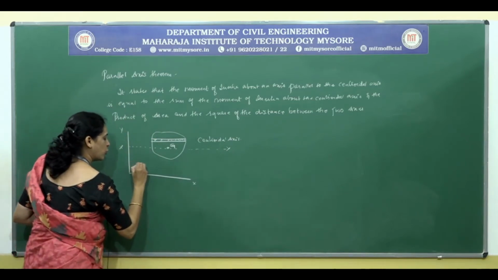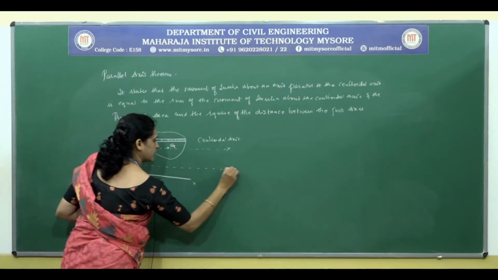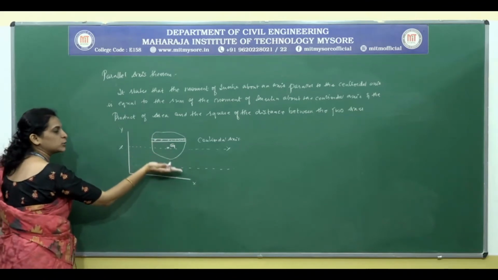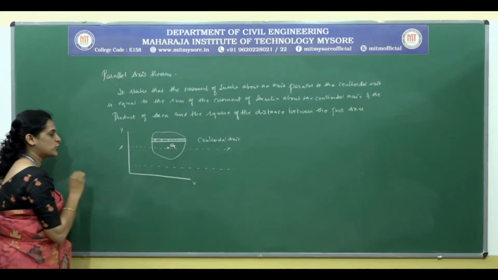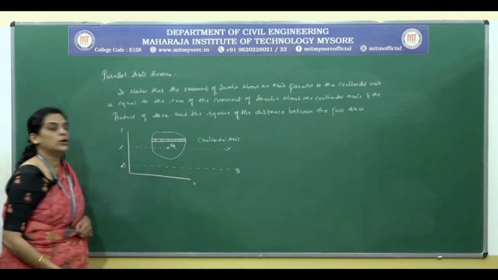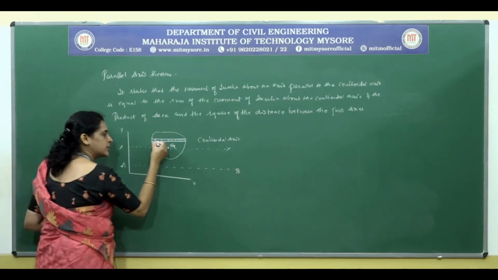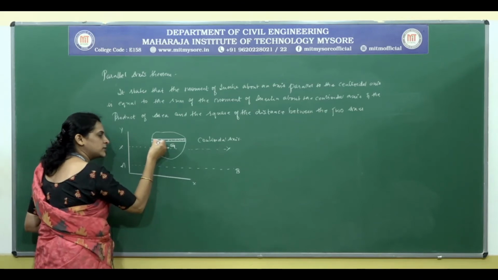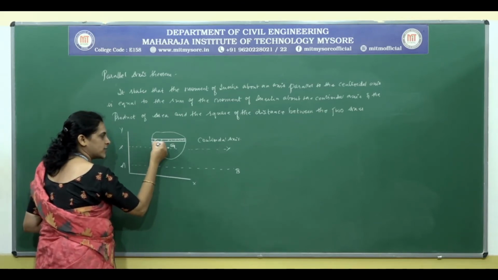And we have one more axis that is parallel to the centroidal axis. We shall name that as AB. So now here is the distance between the elemental strip and the centroidal axis.